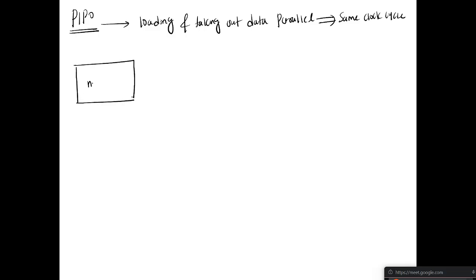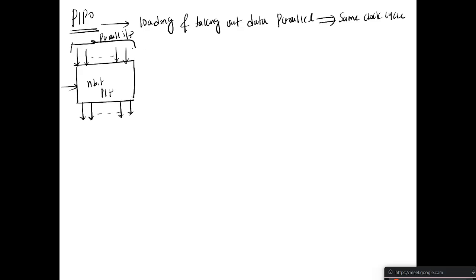So this is the n-bit PIPO. N-bit PIPO means you have a clock, and this is LSB and this is MSB. Some bits are there. This is parallel input, we are loading parallel input, and you are taking out parallel output.